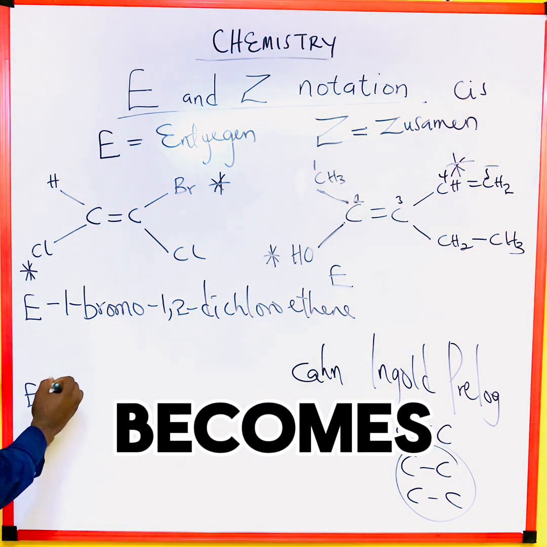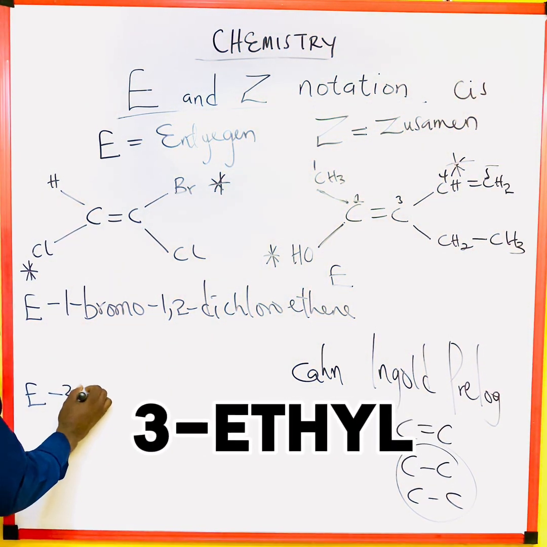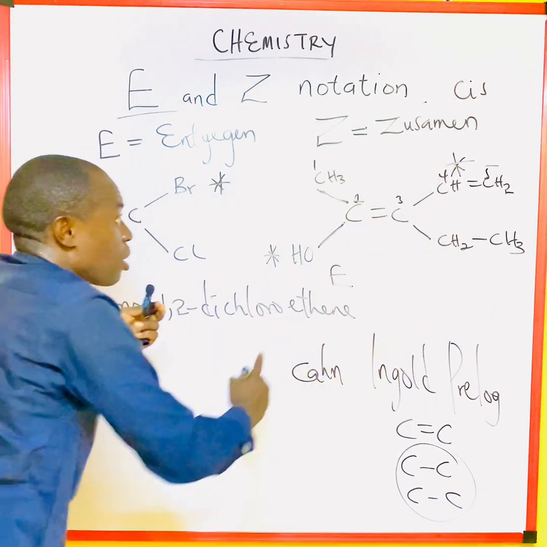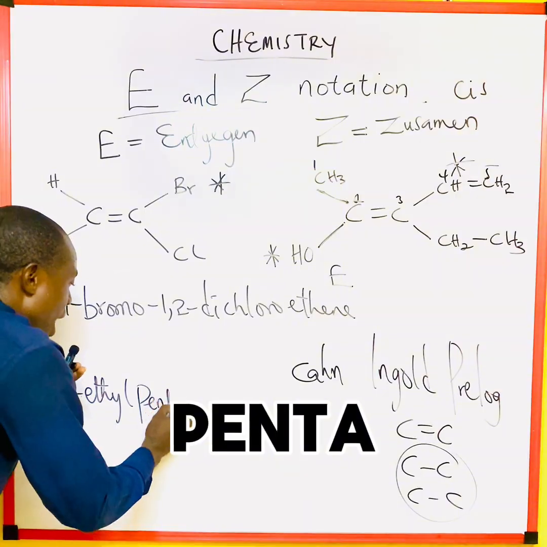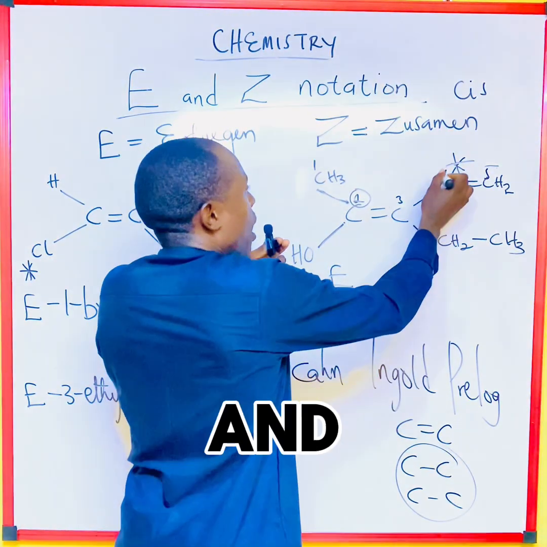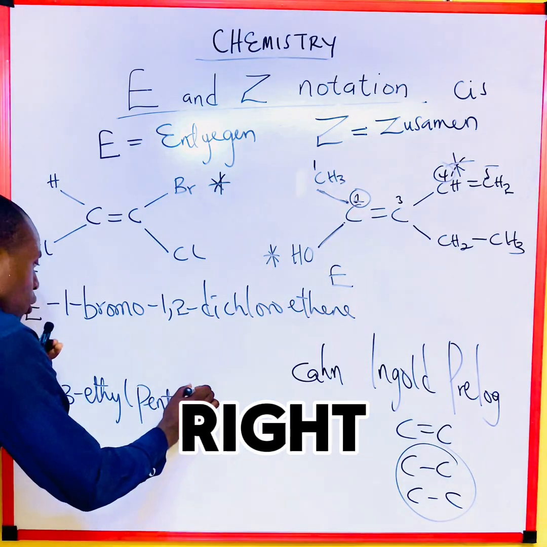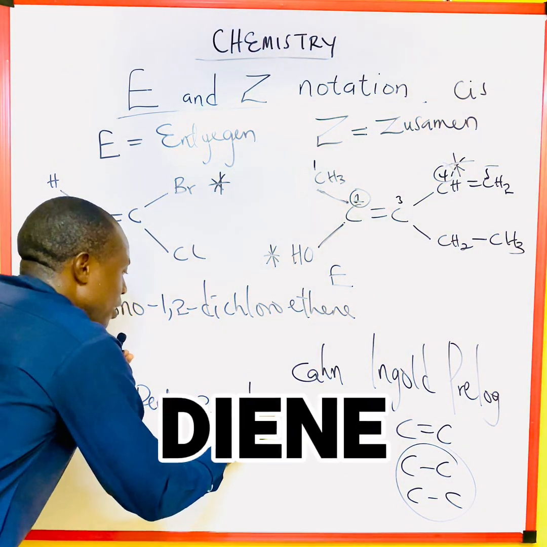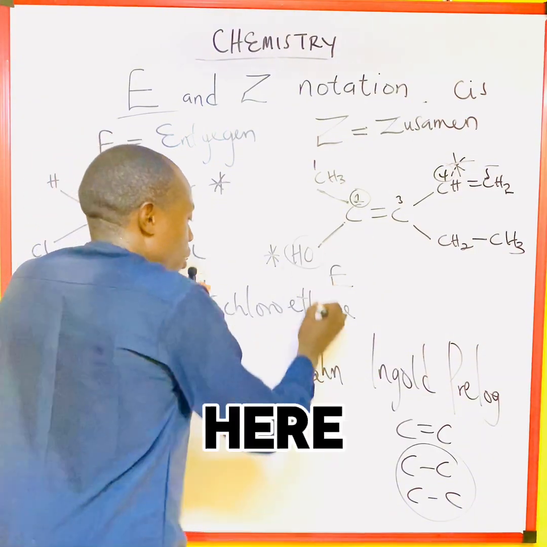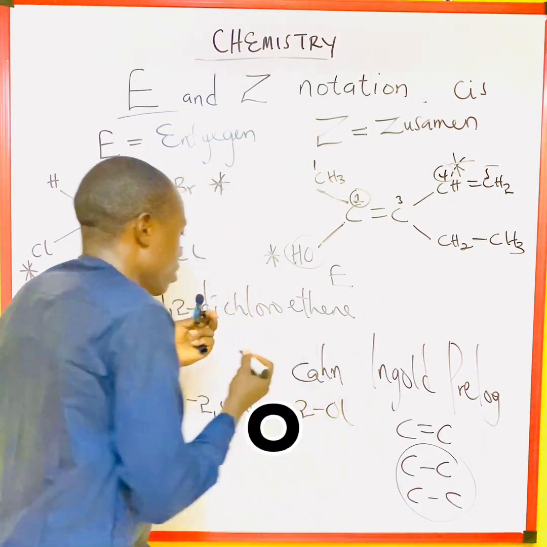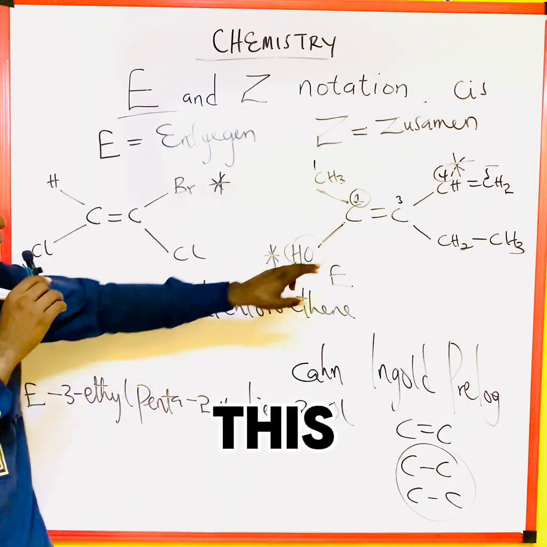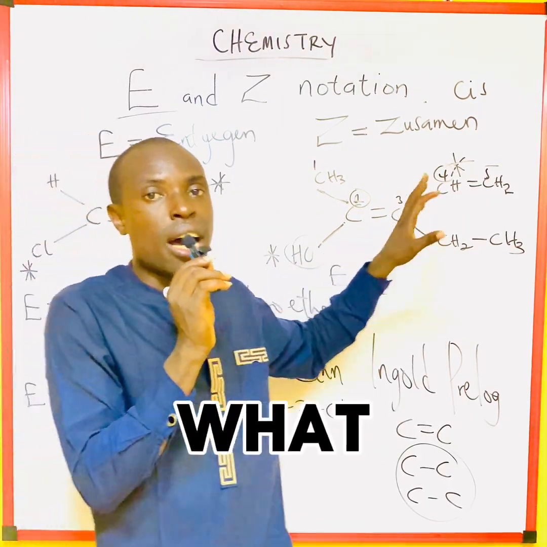So here becomes 3-ethyl. The longest chain is penta. The double bonds are present at carbon 2 and carbon 4, right? 2,4-diene. The hydroxyl group is at carbon 2, 2-ol, right? And this is the nomenclature of this compound.